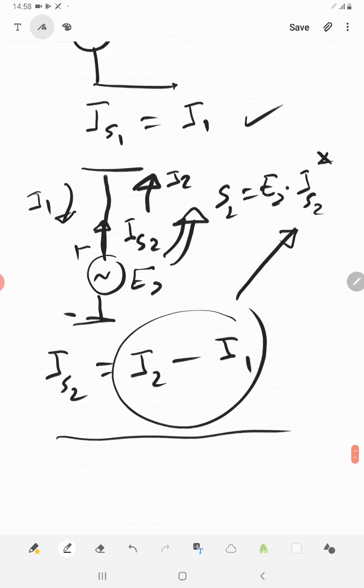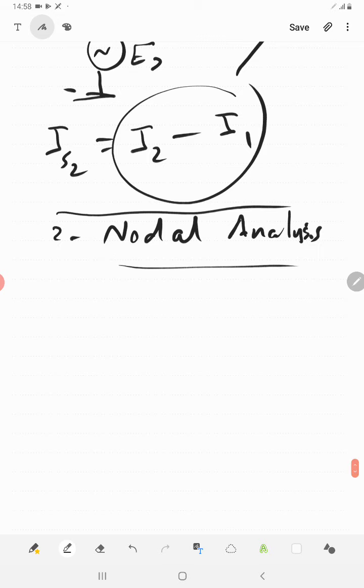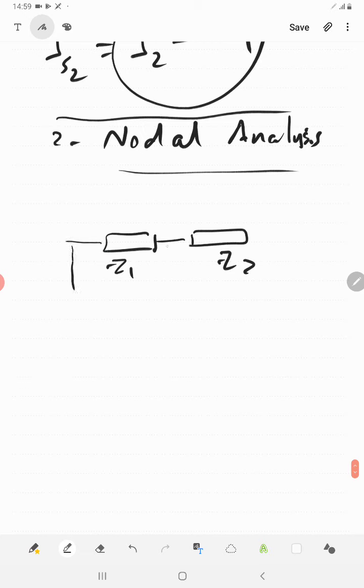Okay? Same if we apply nodal analysis. In nodal analysis, we use admittances instead of impedances. Let's assume that we have something like here, Z1, Z2, and we have Z3, ground here.